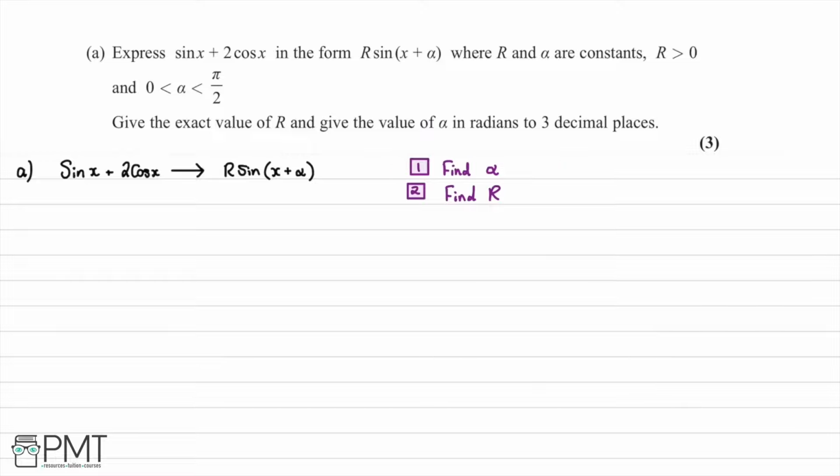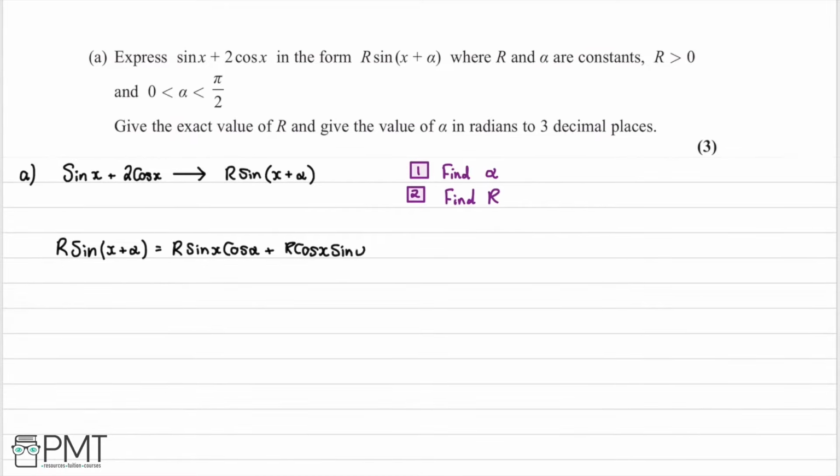Using our trig identities, we know that r sine of x plus alpha is equal to r sine x cos alpha, and then we add on r cos x multiplied by sine of alpha.